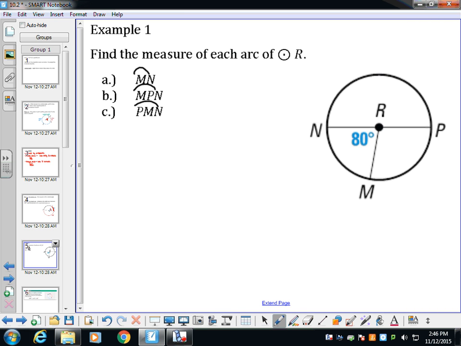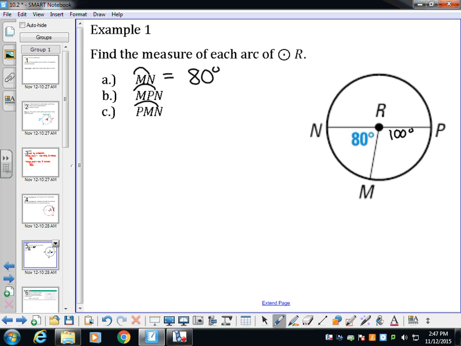Find the measure of each arc of circle R. Well, MN is the same as the central angle, so that's going to be 80 degrees. I know that the other central angle, PRM, is 100 degrees.